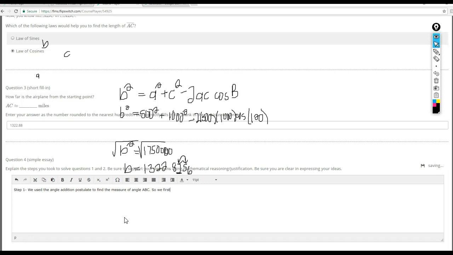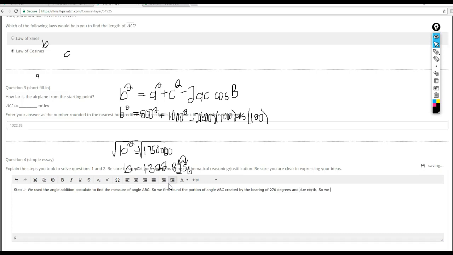So we first found the portion of angle ABC created by the bearing 270 degrees and due north.